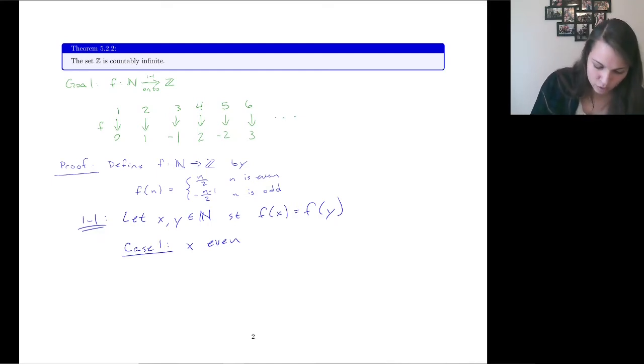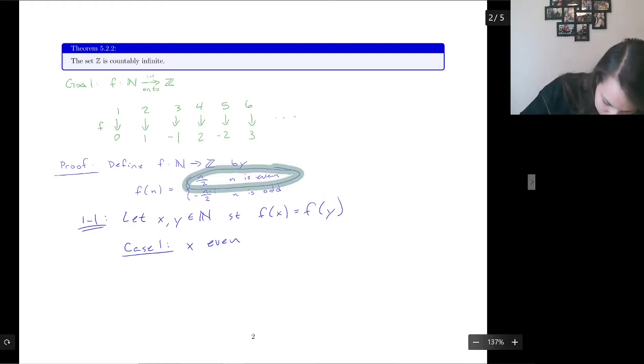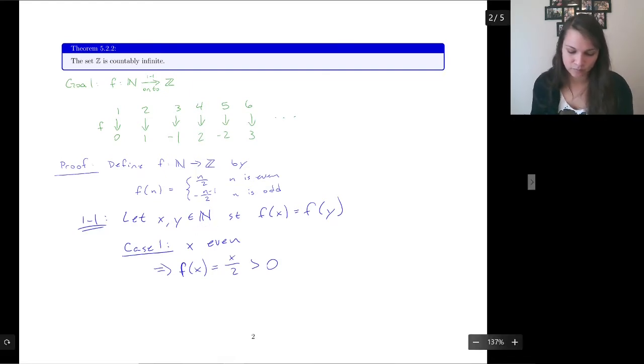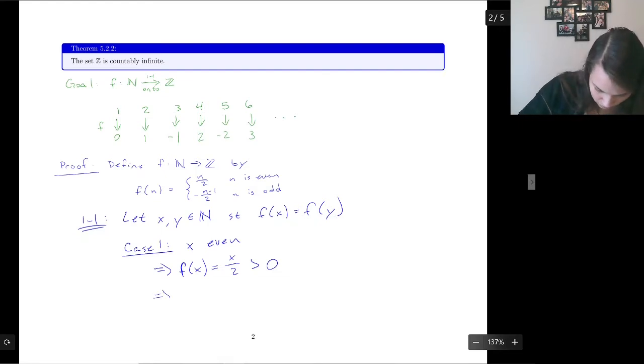So how do I do this? If I've got x is even, I know something about the output f of x. Then f of x is going to be equal to x over 2. And since x is a natural number, x is positive. That means f of x will also be positive. Now, f of x is equal to f of y. So then we can say f of y is also positive.